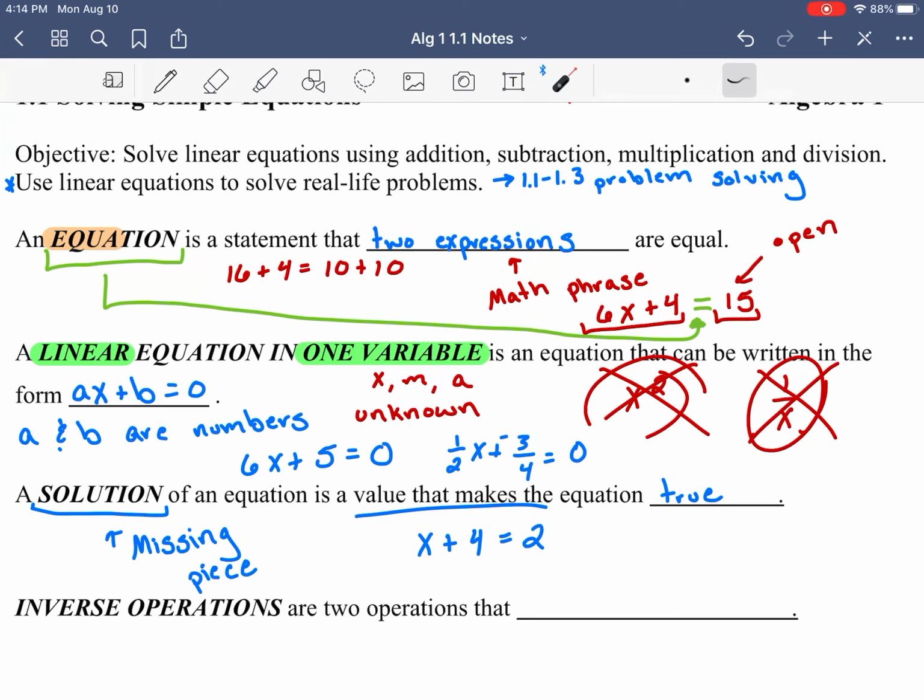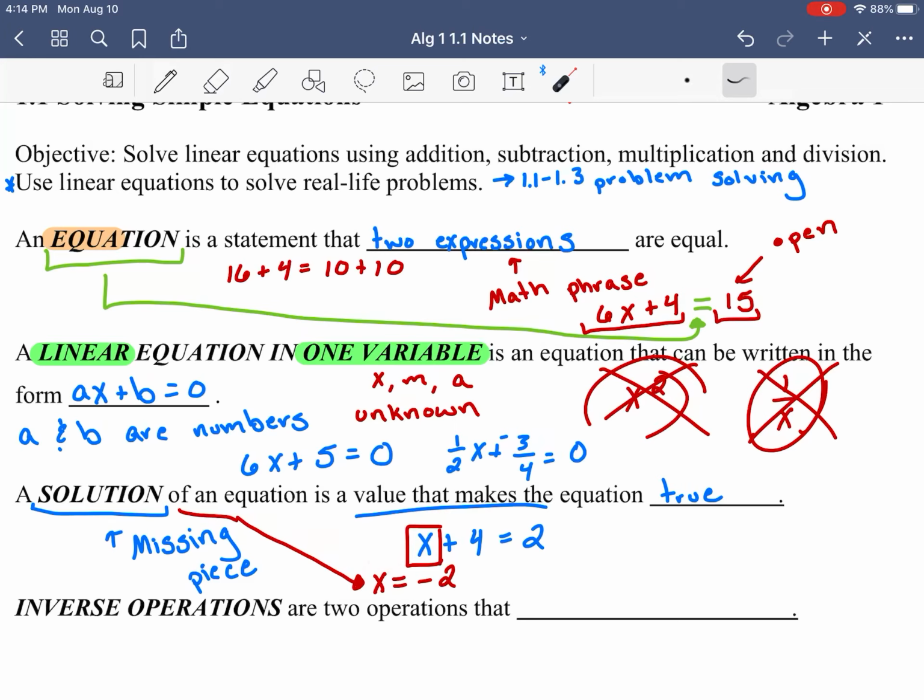But if I'm looking for what x makes this statement true, what plus 4 equals 2, well, that would be negative 2. So if x was equal to negative 2, then that would work in there. So if we replace the x with a negative 2, negative 2 plus 4 is 2. So this is, in fact, a solution. That is a solution to this equation.